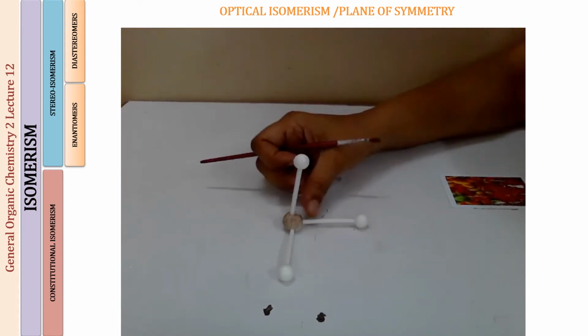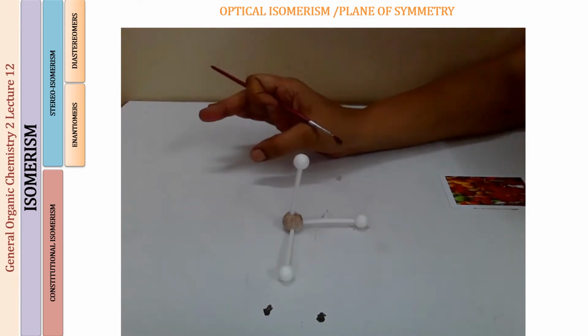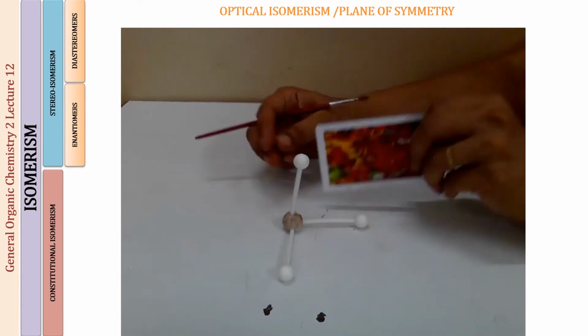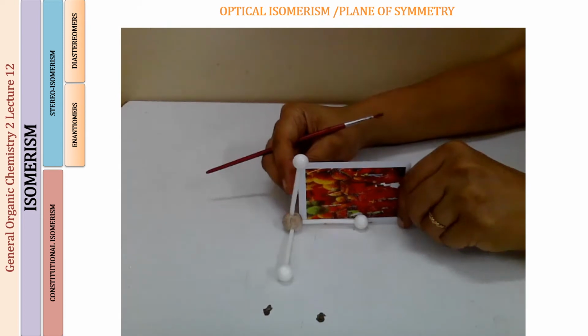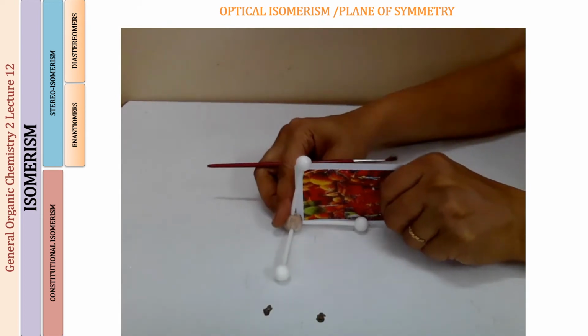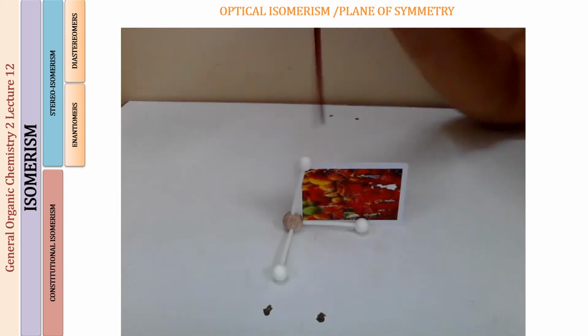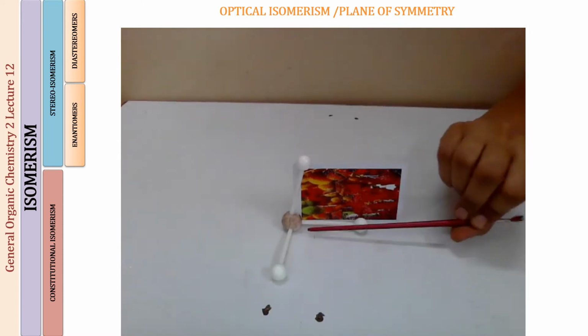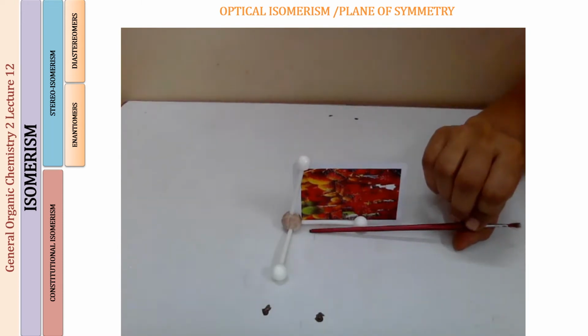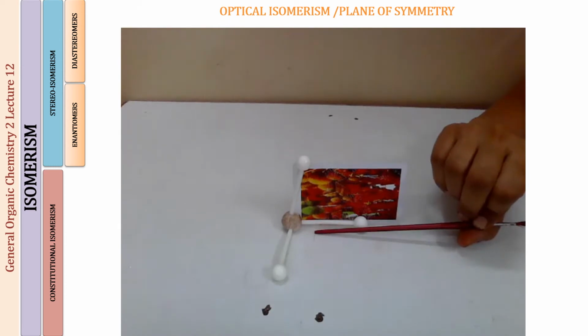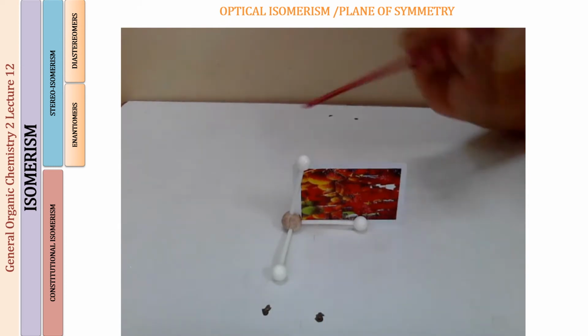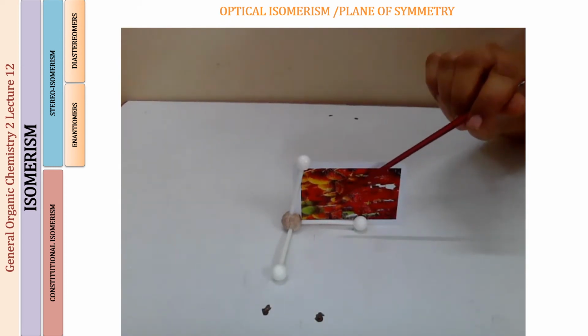Now this is a line. A line has one dimension, and a plane has two dimensions. So I'm taking a playing card to help you understand a plane. This plane is along the y-axis and along the x-axis, so it has two dimensions along the x and the y-axis. So this is going to be the xy plane.